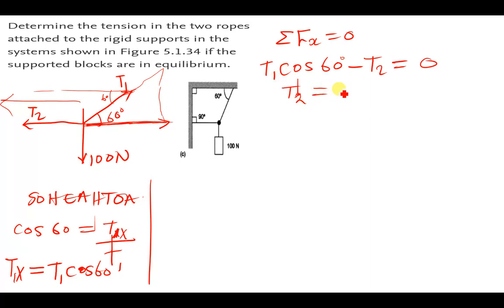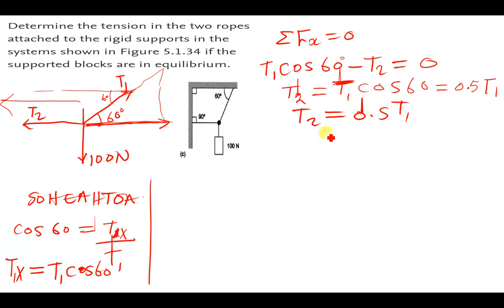So T2 is equal to T1 cos 60. This is just the same as 0.5 times T1. So we know that T2 is given by the formula 0.5 times T1.